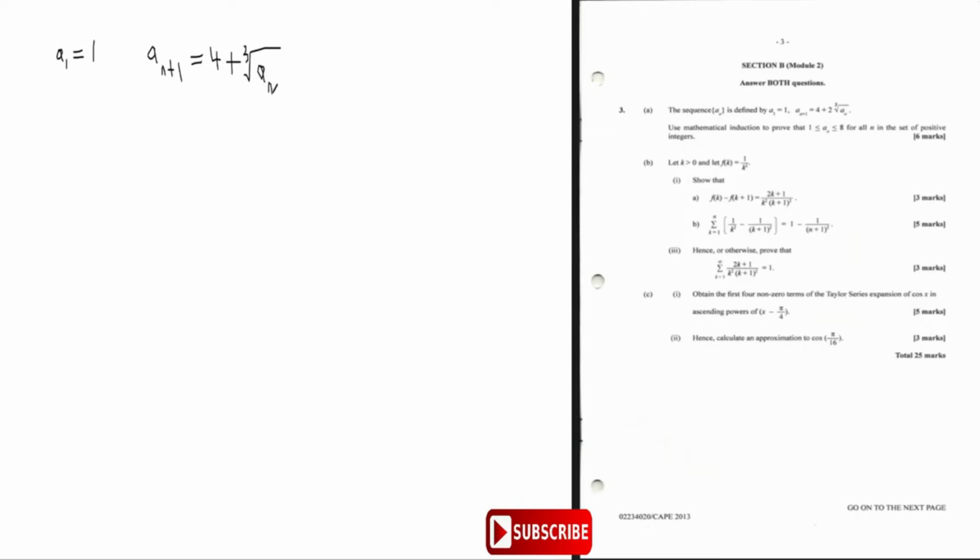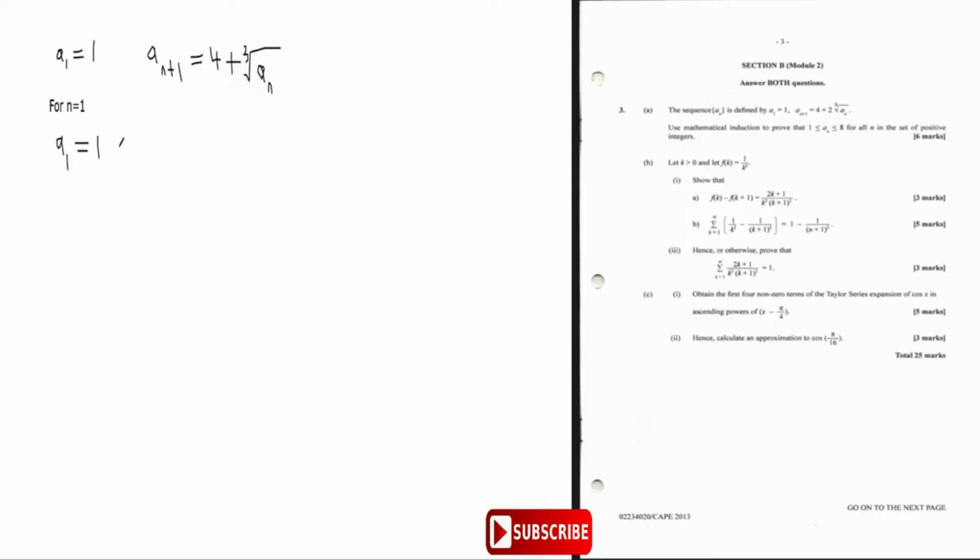Use mathematical induction to prove that an is between 1 and 8 for all n in the set of positive integers. So first we start by proving that n equal 1 is true. When n is equal to 1, we have that a1 is equal to 1.